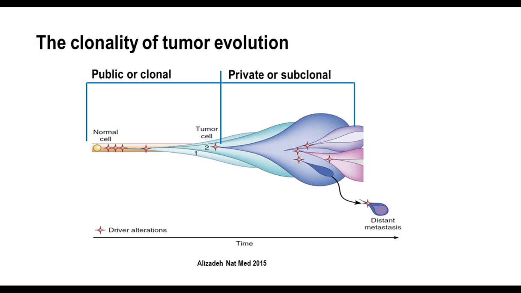However, if one of these mutations is giving a growth advantage to the tumor cell, or is giving an advantage in forming metastasis maybe to a specific organ, then this metastasis will be enriched for this specific mutation. And this might lead to a mutational portrait that is quite different between the primary tumor and the distant target.